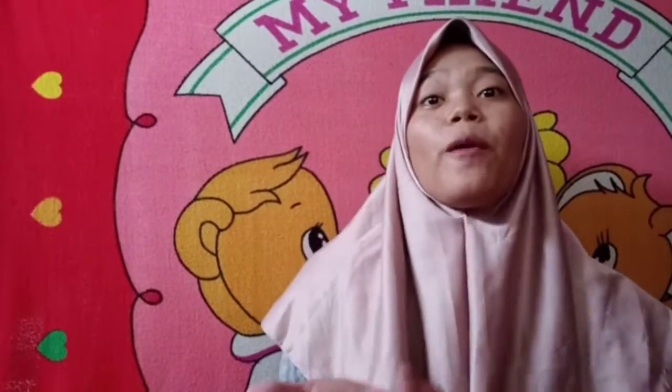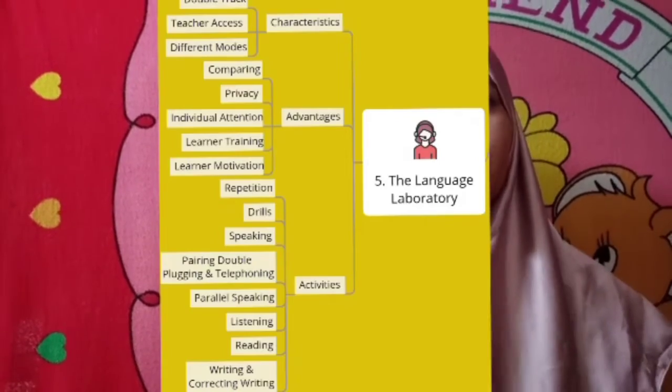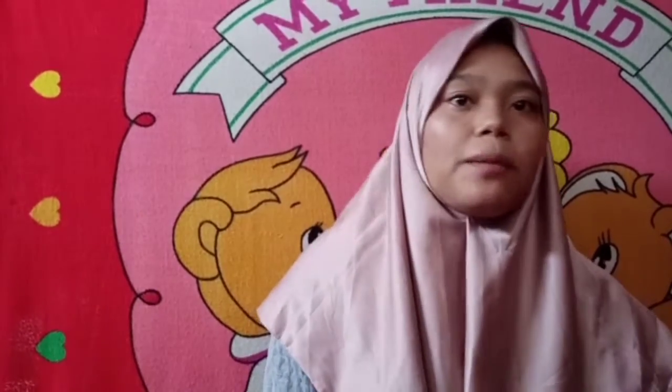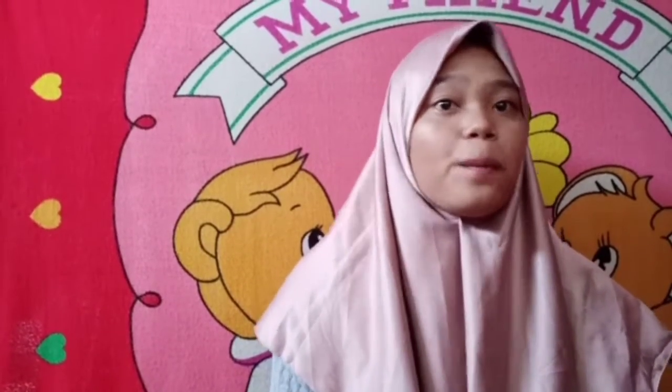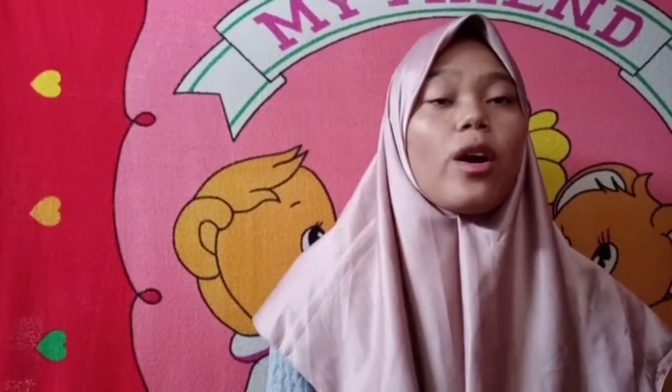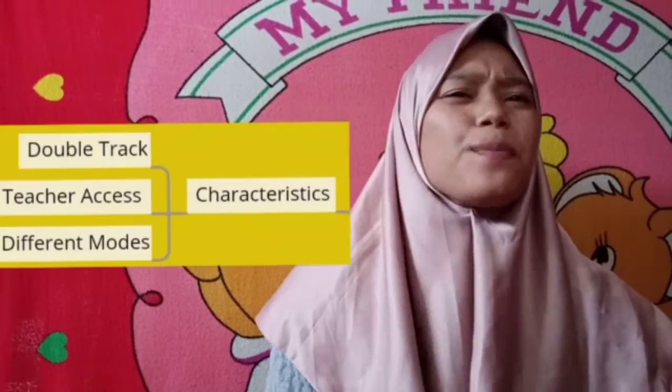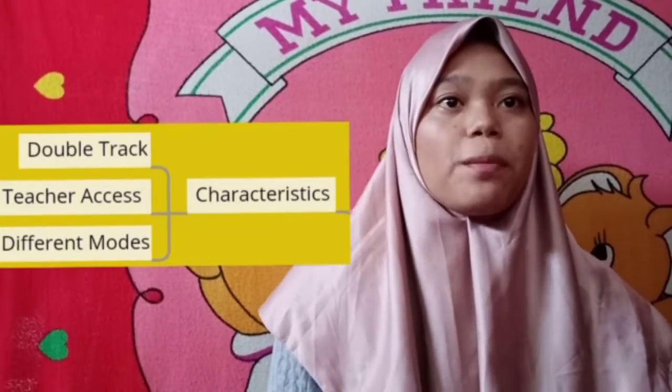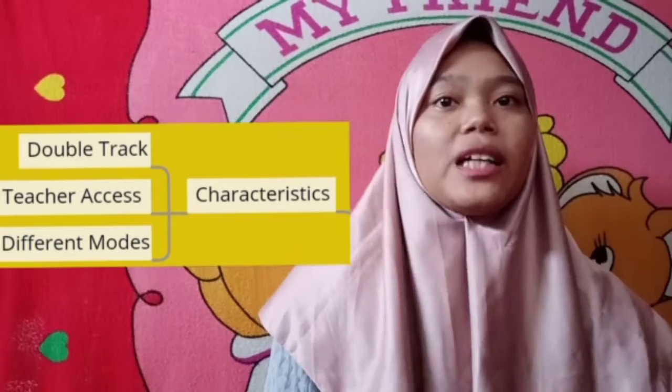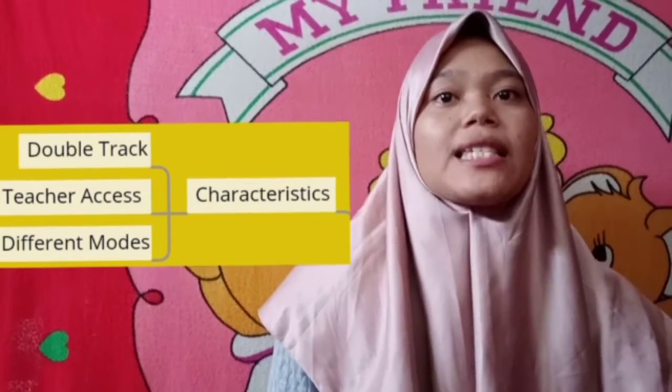And the fifth point is the language laboratory. A modern language laboratory has between 10 and 20 booths. It's equipped with a tape deck, headphones, microphone, and now computers. And language laboratories have three special characteristics which mark them out from other learning resources. First is double track.